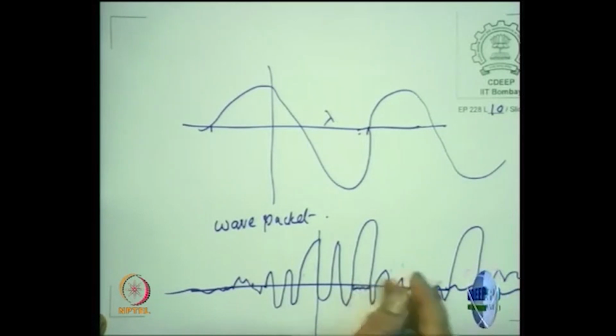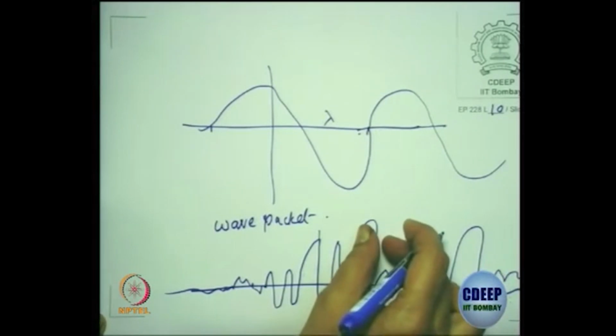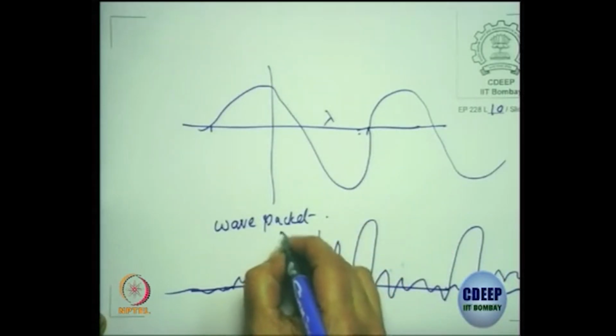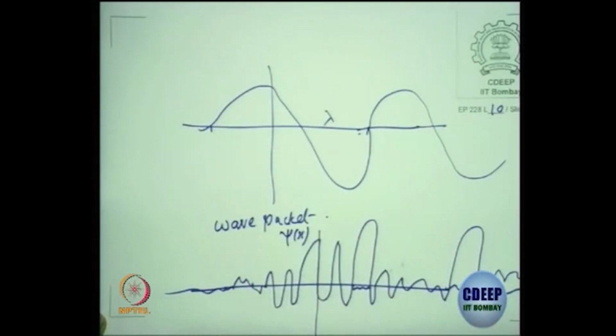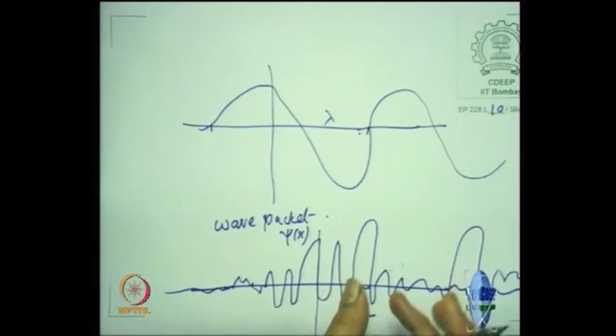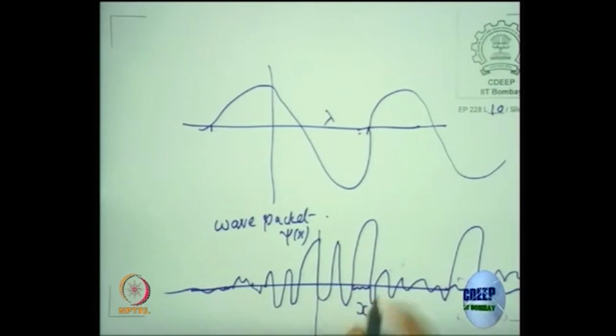Then this is the region in which you have maximum amplitude for the superposed psi of x versus x, right. So what does that tell you? The probability of finding the particle is maximum only in a small region, which means you are able to localize.